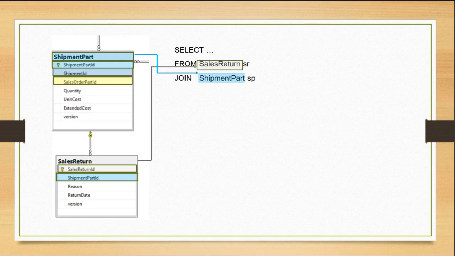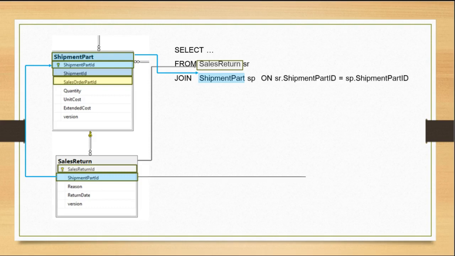If you remember from our relationship diagram, shipment part ID is the foreign key of the sales return, and that links to the primary key of the shipment part ID. So the shipment part ID of the sales return is equal to the shipment part ID of the shipment part table.